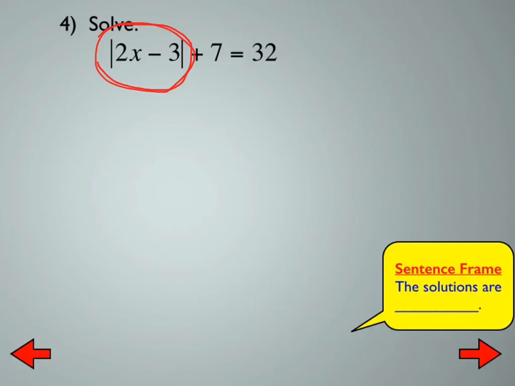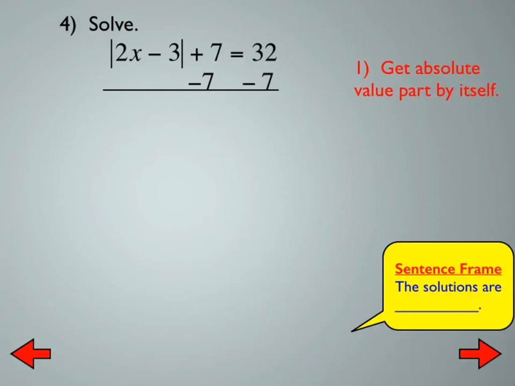Subtract 7 from both sides. So that part of it is just like solving a regular equation. So when we use the subtraction property of equality, in other words, we subtract 7 from both sides, now the absolute value portion is by itself, and now solve like you did in number 1 and number 2. So I will let you finish it from there.